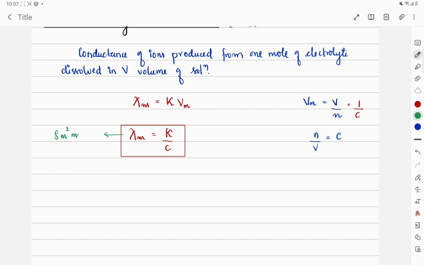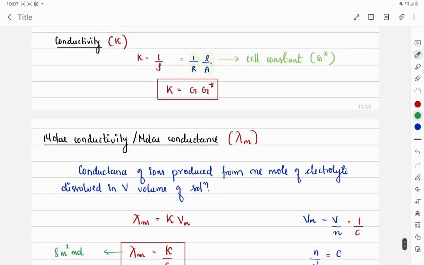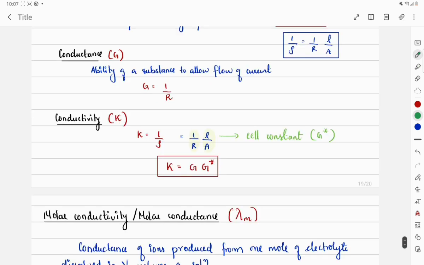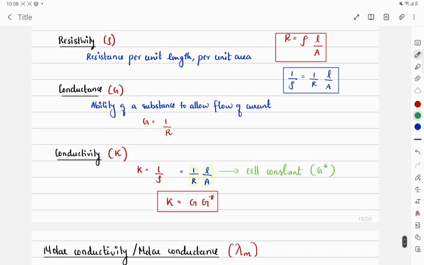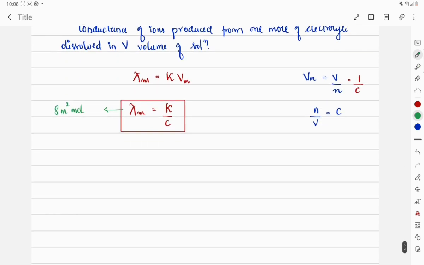You hope you know what Siemens is. For resistance the unit is ohm, and for conductance it is ohm inverse, or Siemens, S. So Siemens meter square mole inverse is the unit for lambda m.